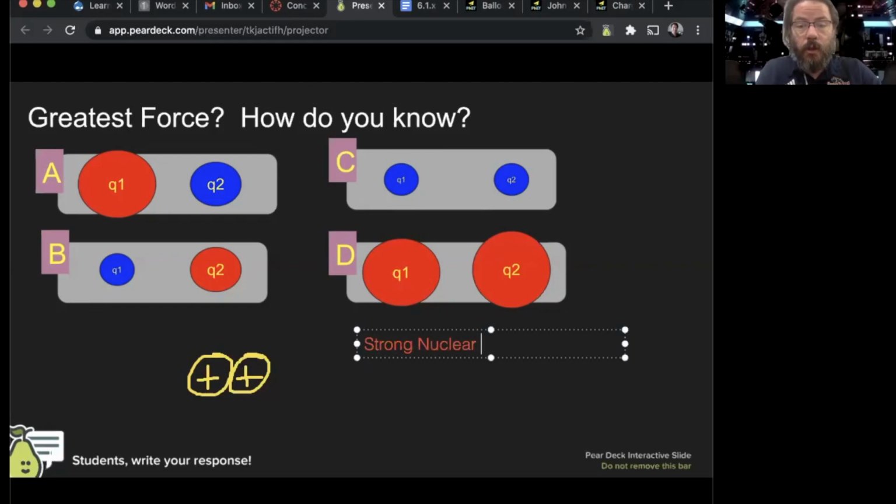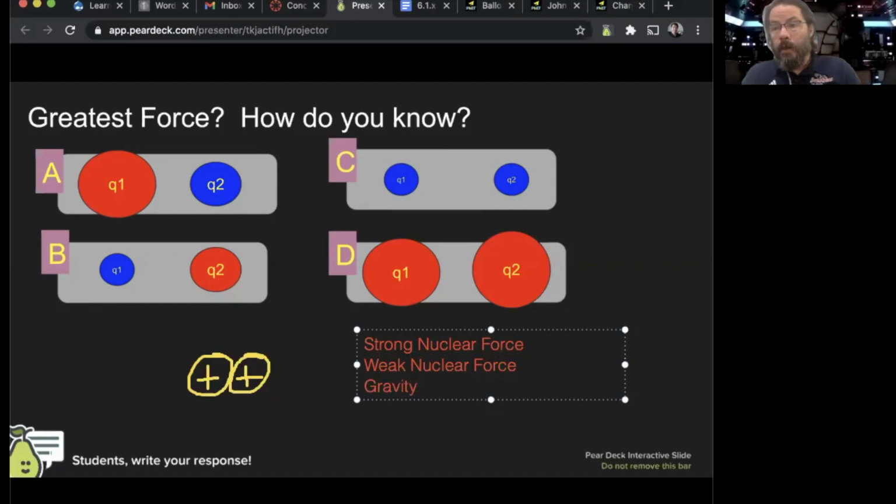the strong nuclear force, the weak nuclear force, and gravity. There is an electric force pushing them apart, trying to make them repel. So why don't they fly apart? Because there's another force holding them still.